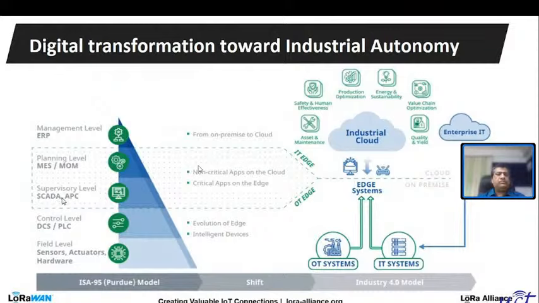Then the above layer is the planning level, where we have the manufacturing efficiency system and operational management. Then the top level is the ERP system, where the top managers used to sit, and they have visibility across all the levels. So this was the old way of functioning.